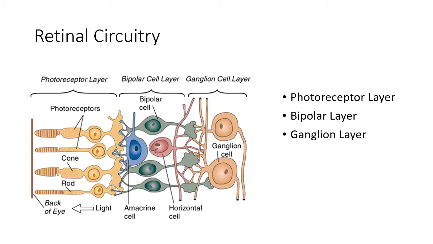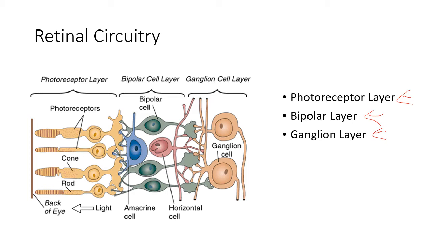Next, let's look at retinal circuitry, and there's a lot to talk about here. So we talked about those photoreceptors. The photoreceptors are in the back of the eye, and there's also a bipolar layer and a ganglion layer.